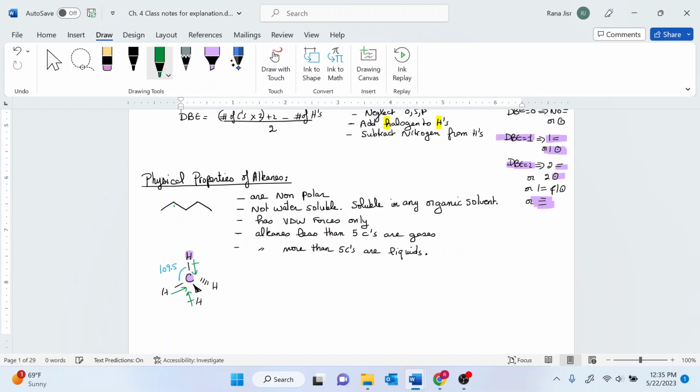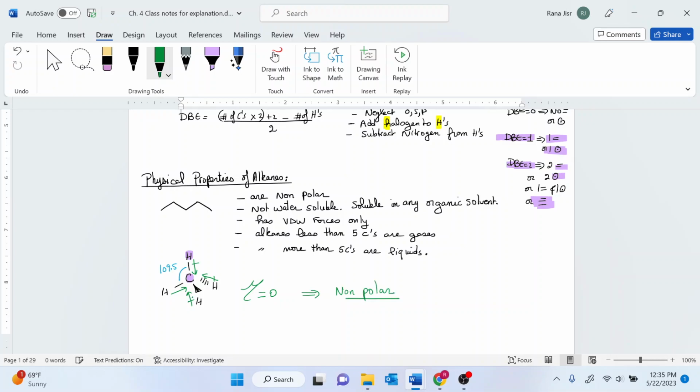So in this case, you're going to generate a dipole. Those two arrows are going to cancel out, and those two arrows are going to cancel out. So that is going to leave methane with a zero dipole moment, which is nonpolar.